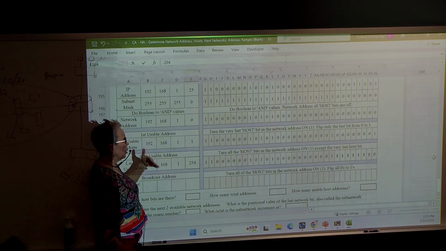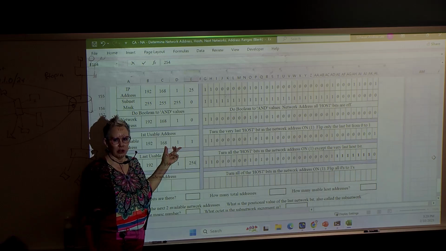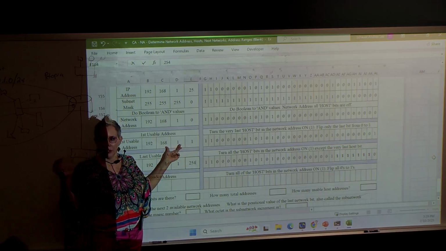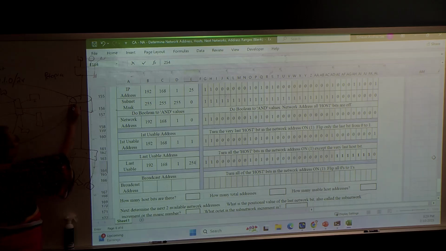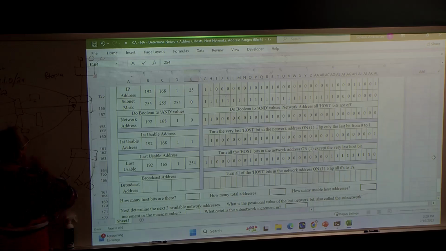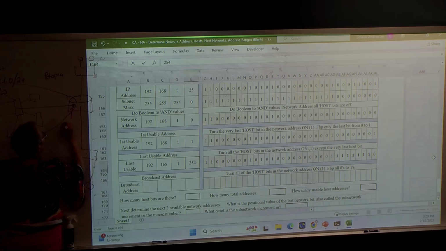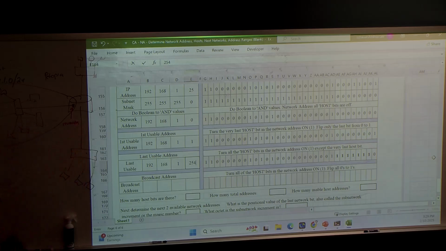Now, under normal rule of thumb, what would I use this 1.1 address for? Austin? Exactly right. So I'm going to come over here to my topology, and I'm going to assign this the 192.168.1.1/24. Okay?